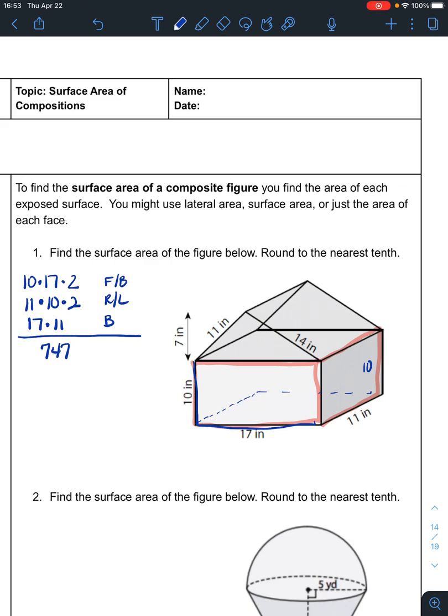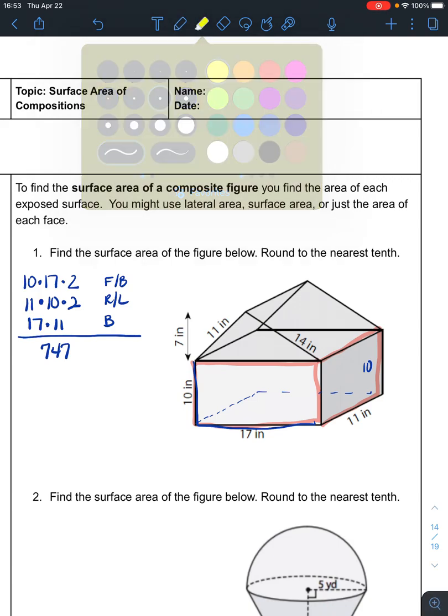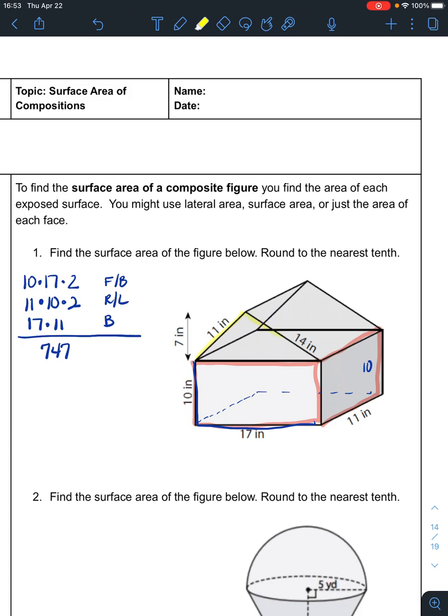Okay, then now we need to add the top. So let's do this triangle. Okay, so we take the base of the triangle times the height of the triangle, divided by 2. Well, the base of the triangle is 17 and the height of the triangle is 7. So we have 17 times 7 divided by 2. And there are two of those.